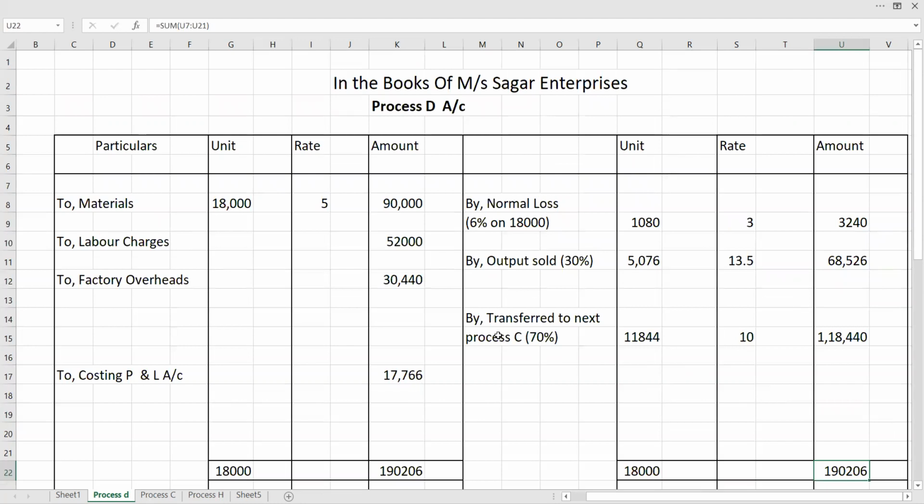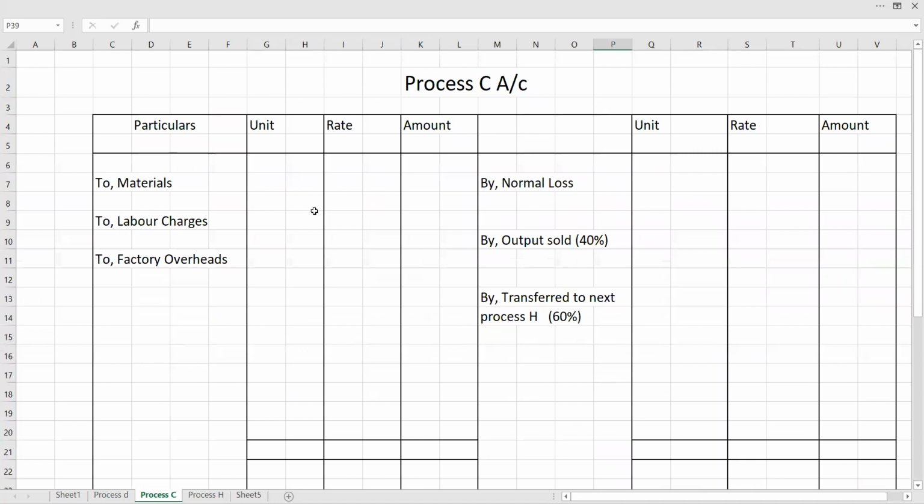Now we have to transfer this output to next process. आपल्याला हे जे आउटपुट इथे मिळालेलं आहे या प्रोसेसमध्ये, see this, these are the units and amount and rate. It should be transferred to next process, that is the process C account. So here is a process C account.